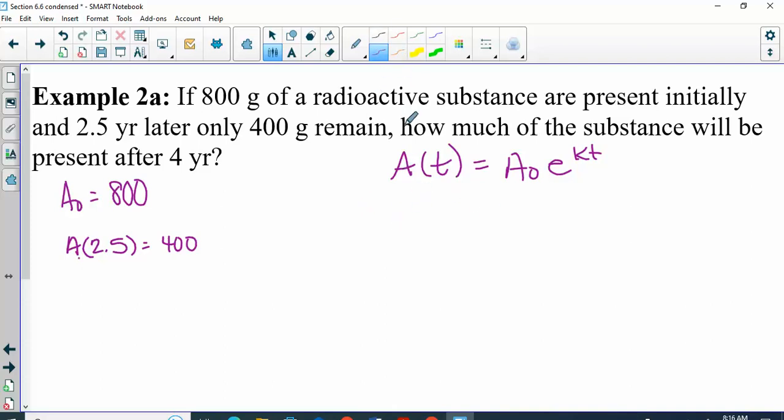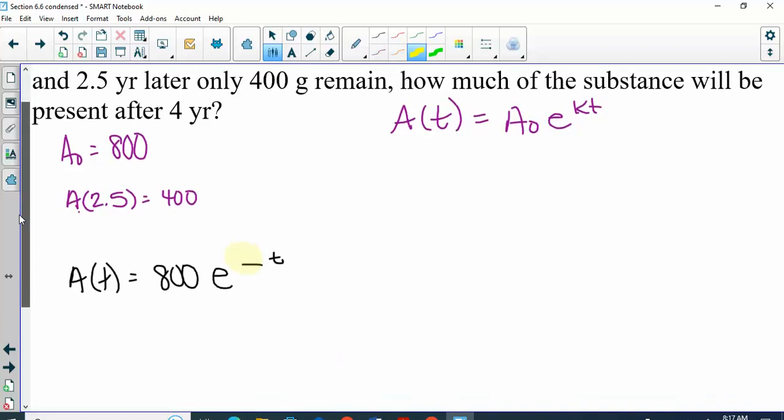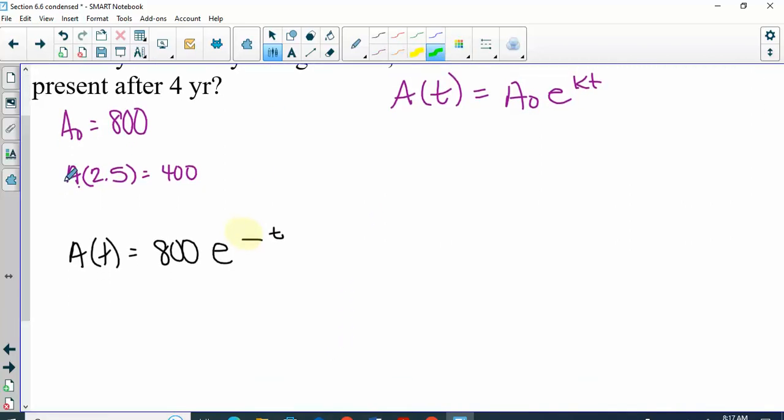So we know currently our equation is going to be 800, what we started with, e to some constant times t. So our goal right now is to figure out what that constant is, so we have an equation we can use. To do that, we are going to use the fact that in 2.5 years we only have 400.